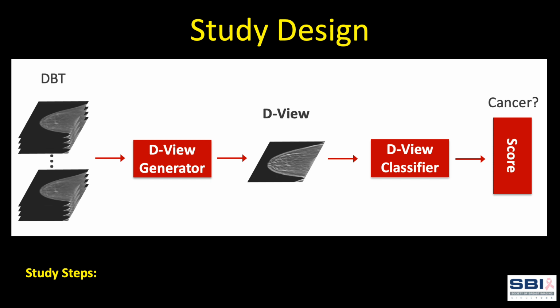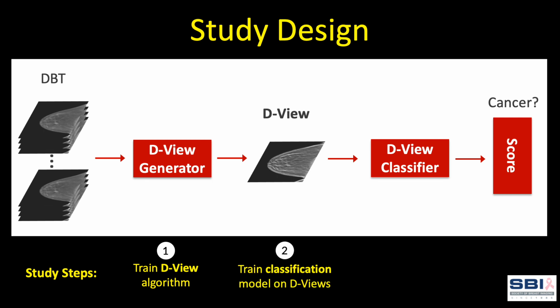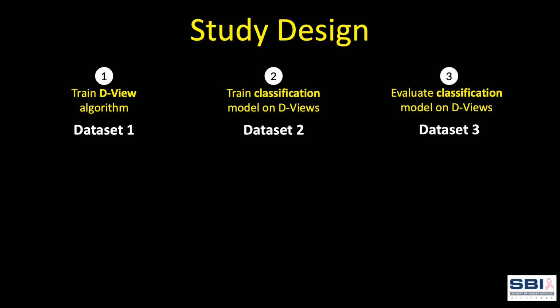So let's see how well it works. In designing a study to test its performance, there are three main steps. First, we need to train the AI model used in the D-view generating algorithm. Then we need to train the D-view classifier. And finally, we want to evaluate the performance of this classifier. For each of these steps, we use a different dataset to best test generalizability.